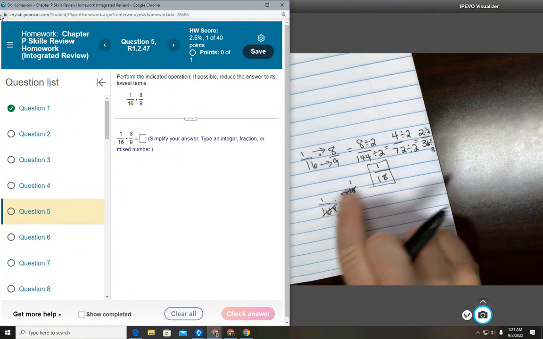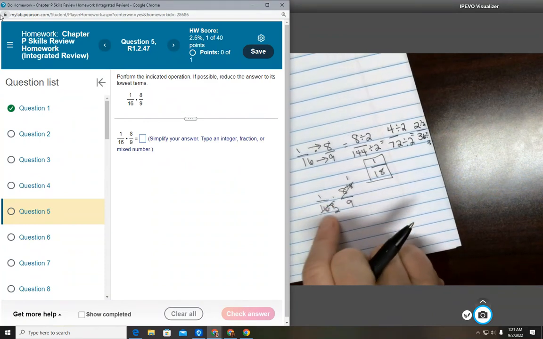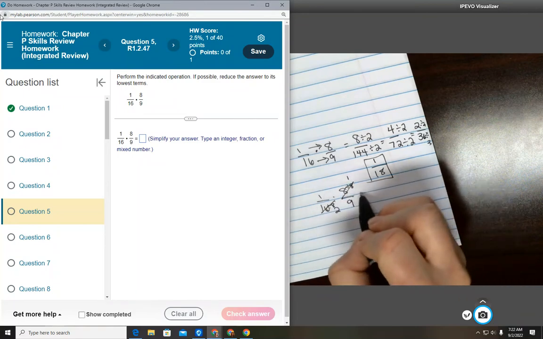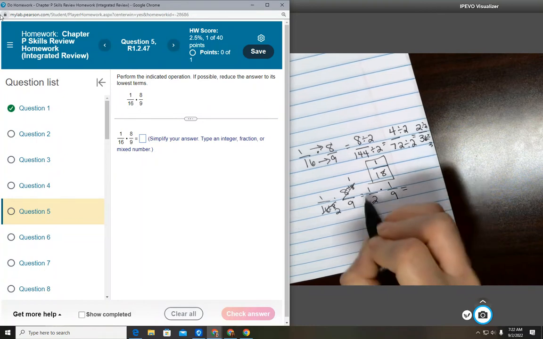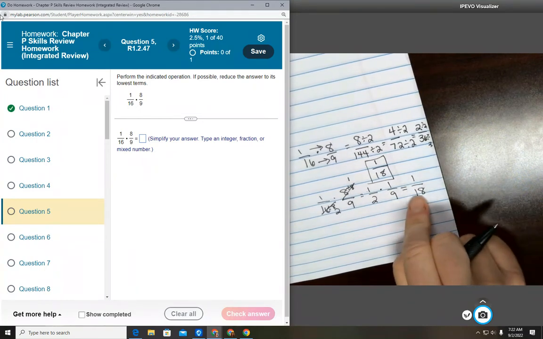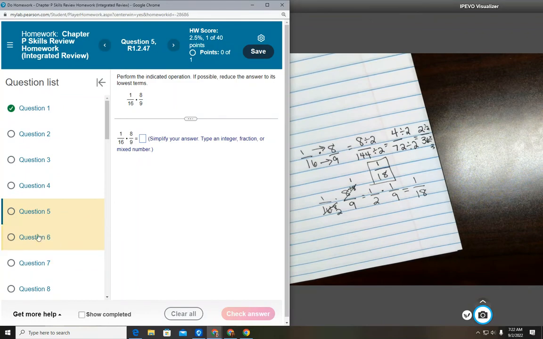So you're simplifying diagonal numbers. Just like you would simplify fractions up and down, you can look diagonally to simplify. So now we have 1 over 2 times 1 over 9, which gives us 1 over 18. Look how much faster that is. So this is the more efficient way. See if you can cross cancel anything.